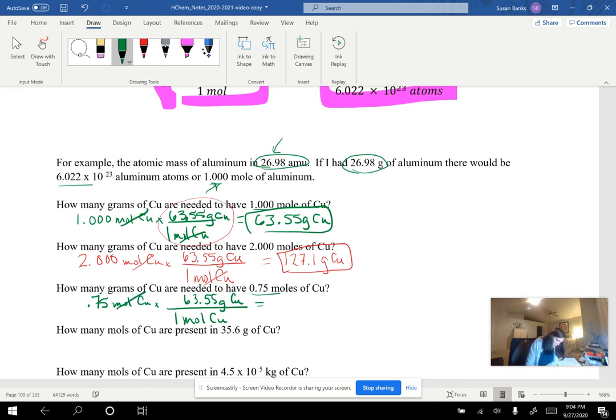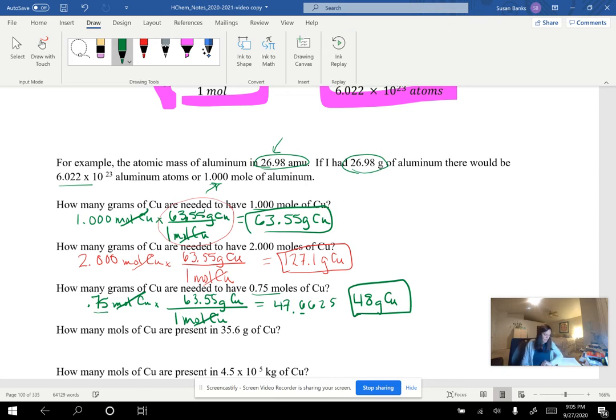My moles of copper cancel. And I'm going to take 0.75 and multiply it by 63.55. Remember here, I only have 2 sig figs. So we're going to round to 2 sig figs. Our calculator spits out 47.6625. That 6 tells us to round up. So we're going to report this as 48 grams of copper.